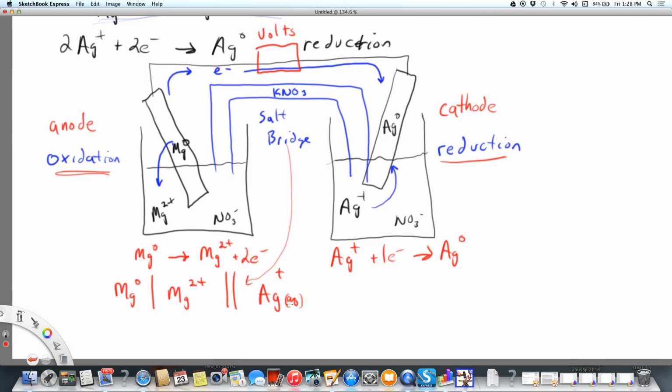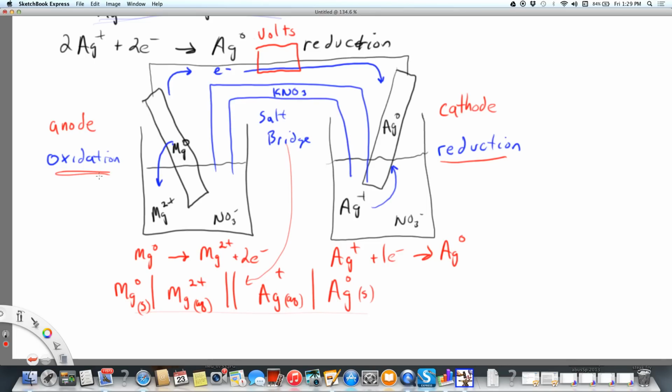I'm going to go ahead and put the states here. So this is solid, aqueous, and silver going to silver metal. Okay, so this is kind of our shorthand method of what we've drawn up here in this electrochemical cell, and we want to be able to do that.